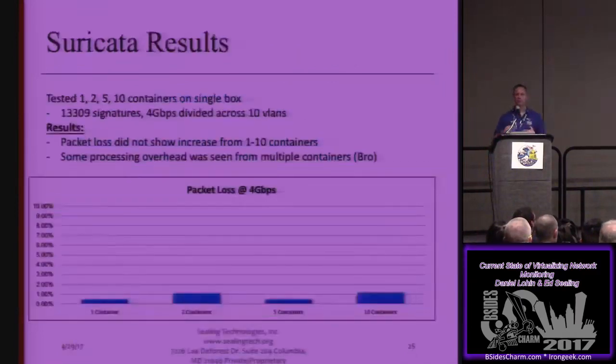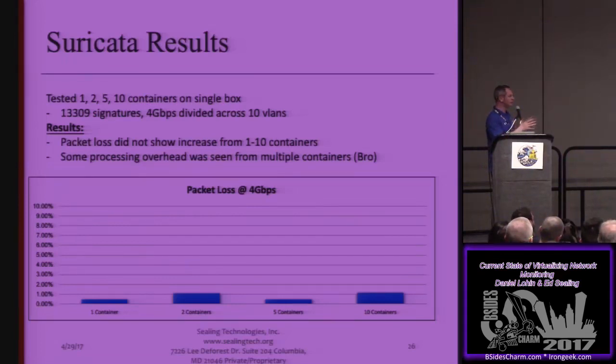Okay, so the results. What do we end up doing? We took that single box that we just showed you, and we stuck as many containers as we could. We spun up a bunch of Suricata boxes at the same time. We did 1 container, 2 containers, 5 containers, 10 containers, and the Suricata had 13,000 signatures, and we were pushing roughly 4 gigs through it on this little $2,300 box across 10 VLANs.